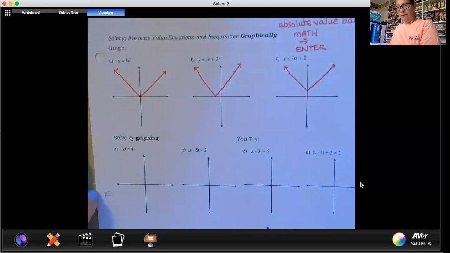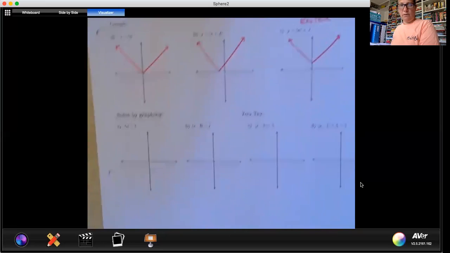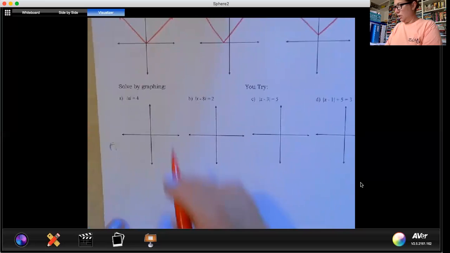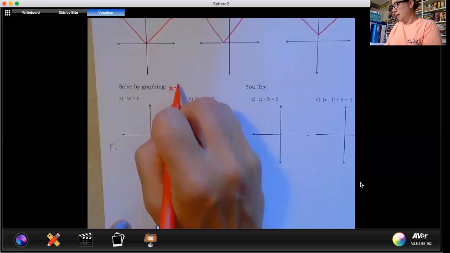When we solve by graphing, we should have an answer. So we should know where it crosses the x-axis. So we're looking for x-intercepts here.